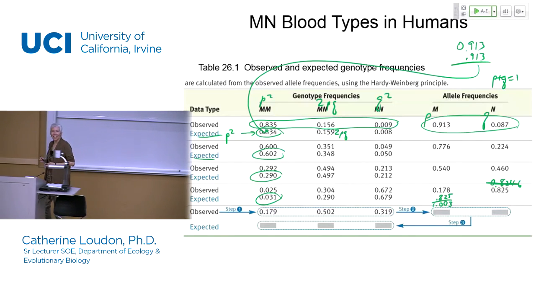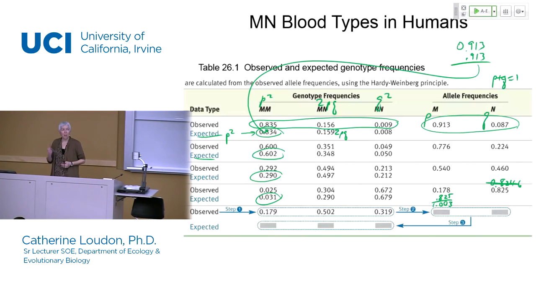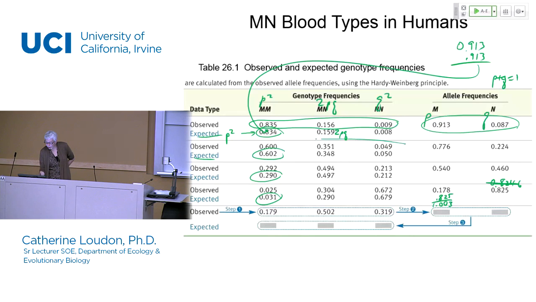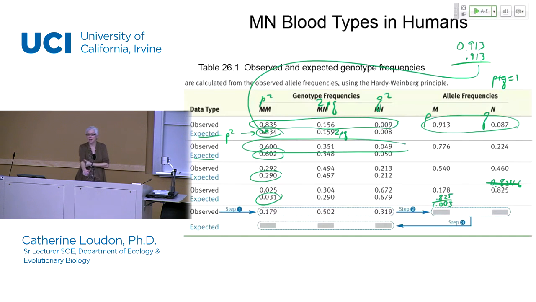I suspect that's what that is. Good eye, yes. Absolutely, P plus Q should equal 1, just as if you add all 3 of these, it should equal 1. So when it doesn't, it's either a typo or a rounding error, and you can usually guess based on the magnitude. My guess is this is a rounding error because it's so close to 1. It's 1.003. Any other questions?